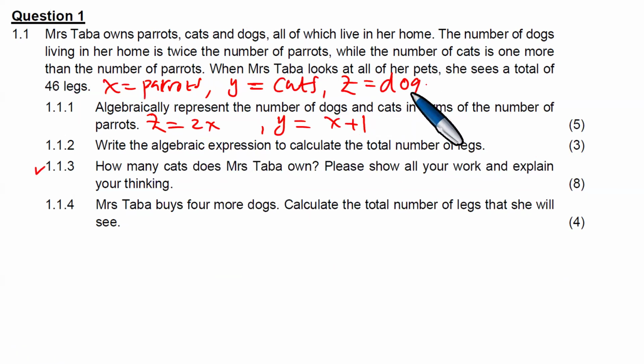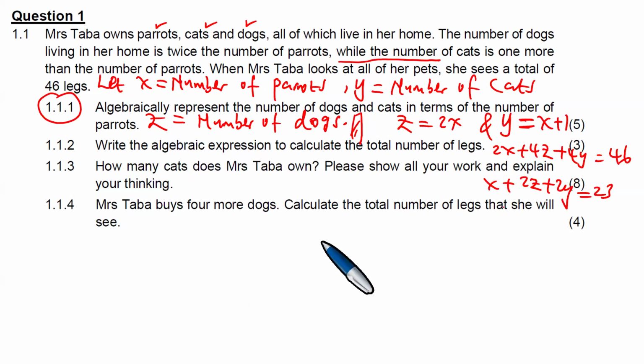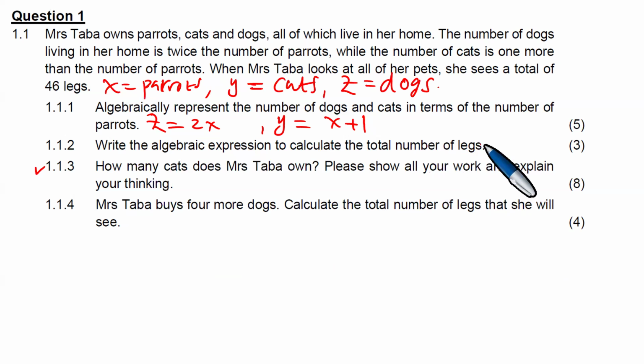I just want to make sure we don't forget. So now we can write x plus 2y plus 2z equals 23.